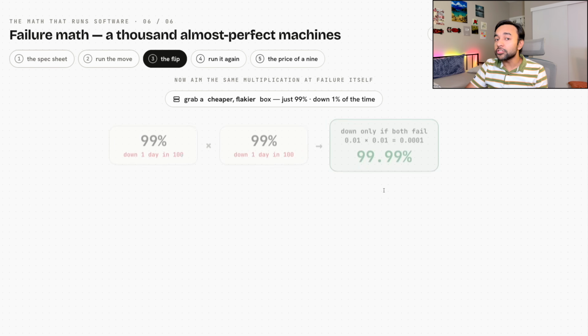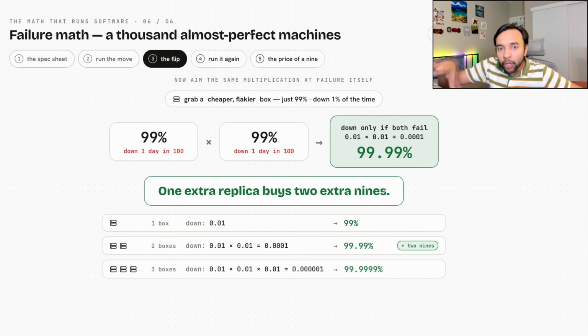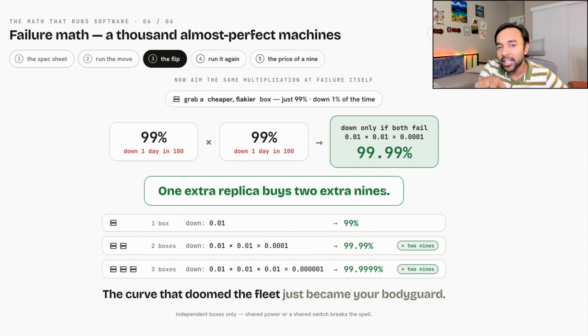This is where the concept of replicas comes in. Basically, instead of opting for a machine that is 99.9% reliable, choose a machine that is only 99% reliable and take a replica of the same machine. It means that if this machine is down, then the other one can take up its job.